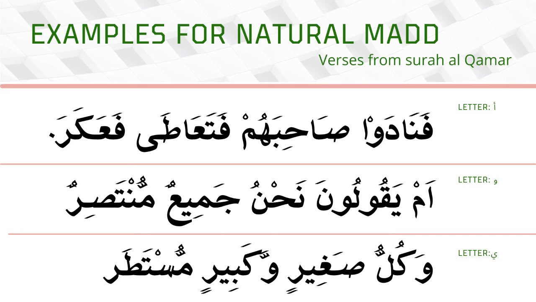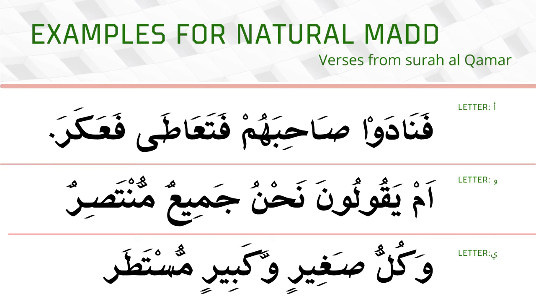The next is letter waw. أم يقولون نحن جميع منتصر. أم يقولون. يقولون. Okay, so in the second word we have the letter qaf which has the vowel sign of dhamma, and we have the letter waw.